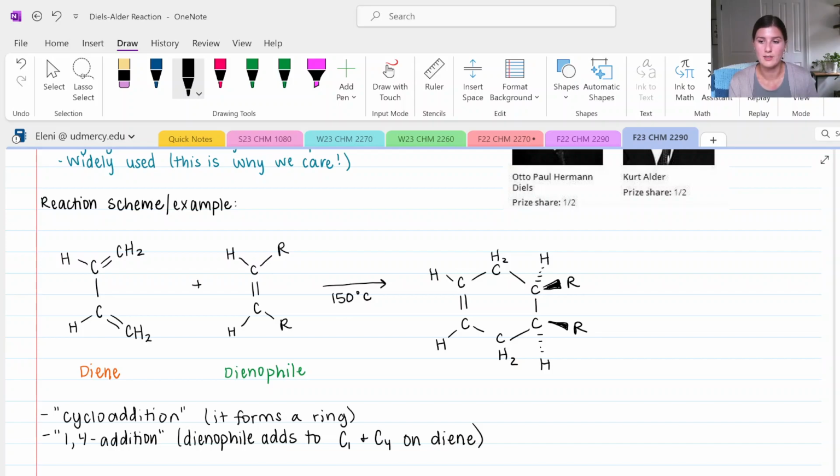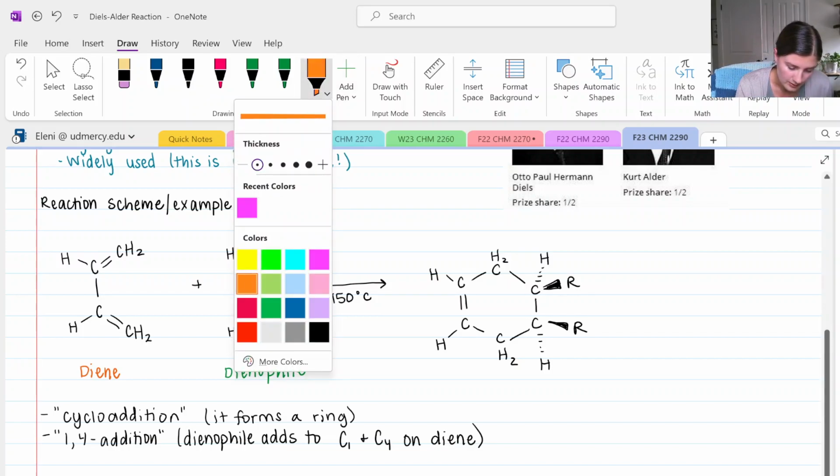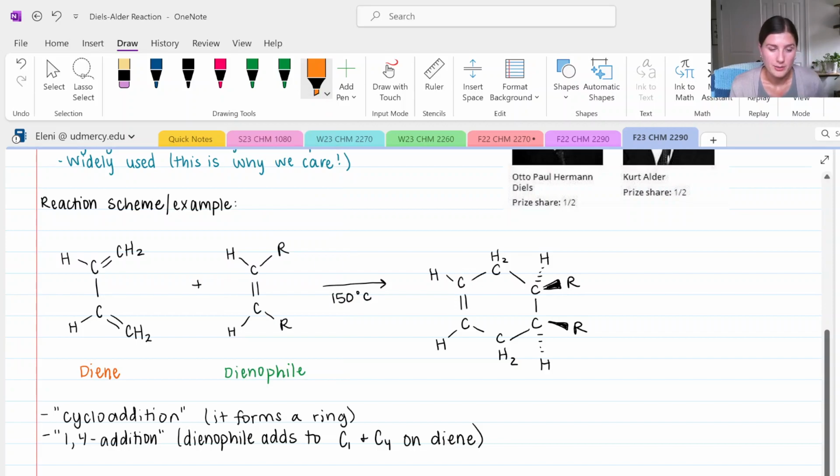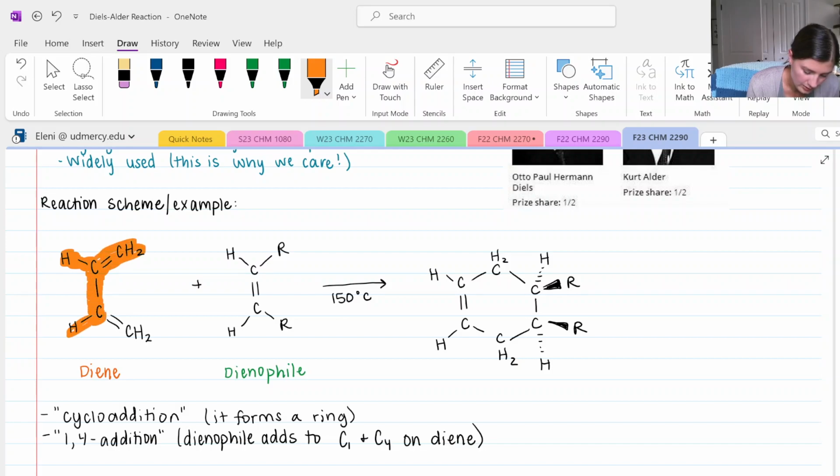Okay, let's look back to the reagents and the product now. We can trace, I'll use highlighting to trace the atoms that are part of the diene. So we have all of these atoms, I'm going to highlight them in orange. And where they end up in the product is how I've drawn it on the left side of the ring.